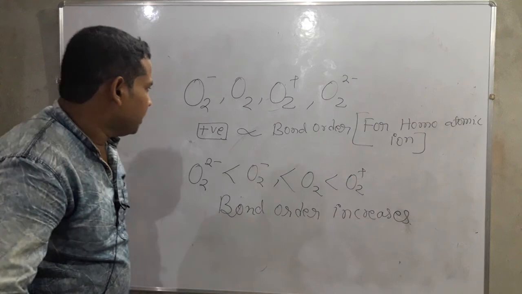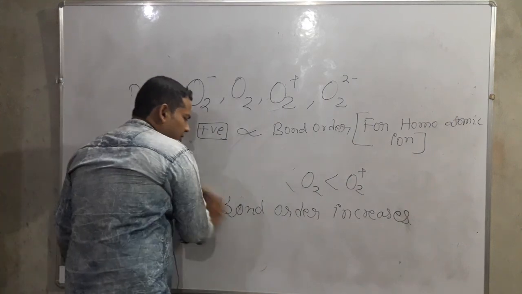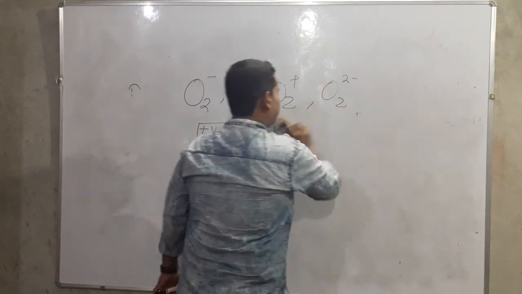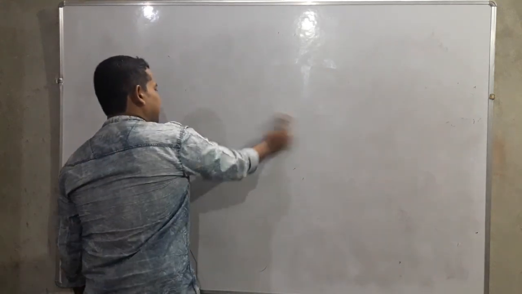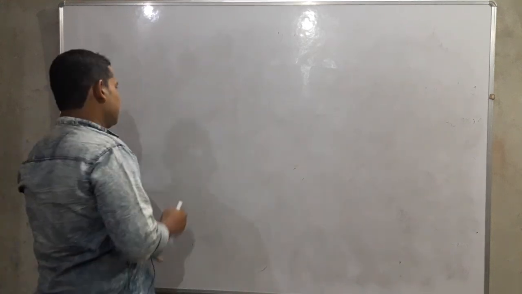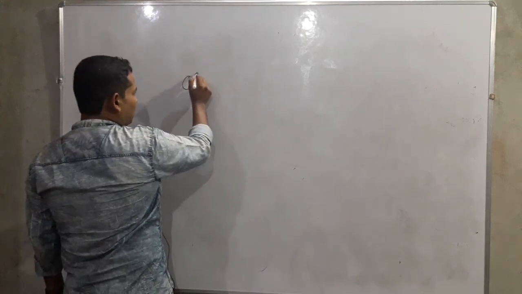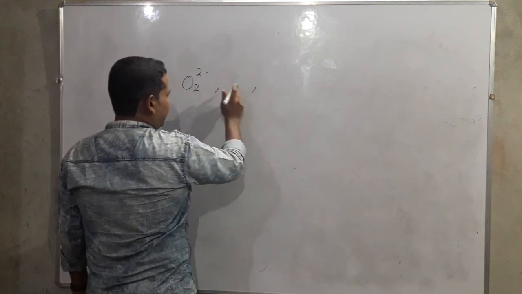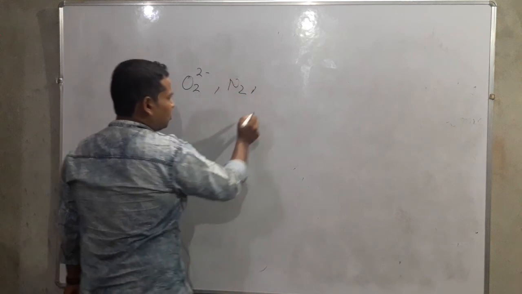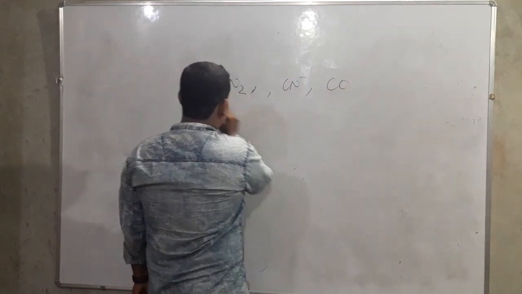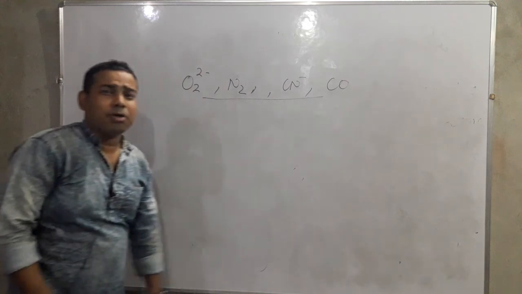Another thing is when different types of molecules are given. For example, say O2 2 minus, N2, CN minus, CO. Among them which one is diamagnetic or paramagnetic?